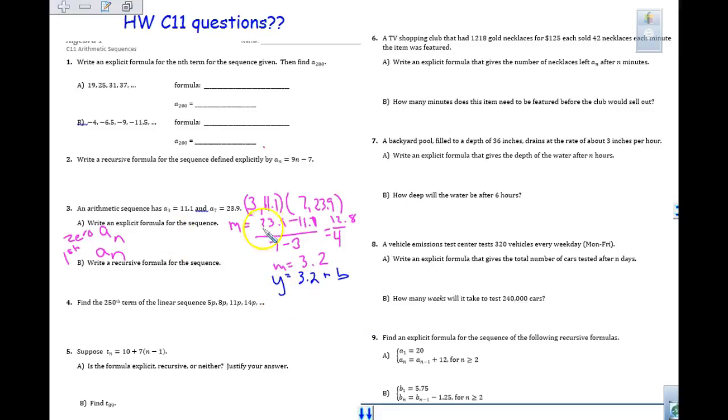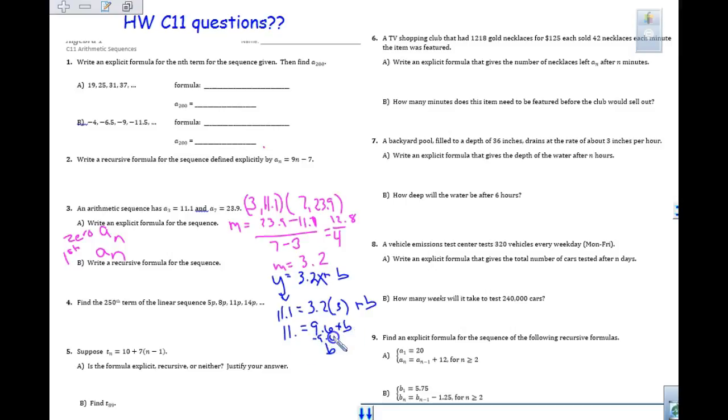And so I look at that and I'm going to use the first point. So I'm replacing the y with what? 11.1 equals 3.2, and then, oh, this should have had an x here, times the 3, and I'm adding b. So I have 11.1 is equal to 9.6 plus b.